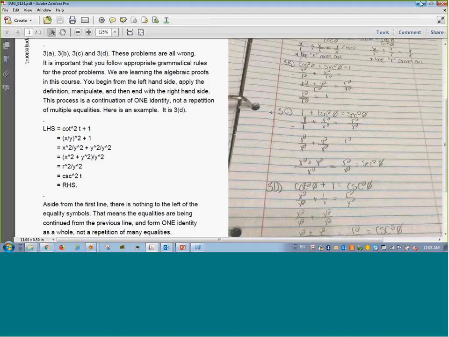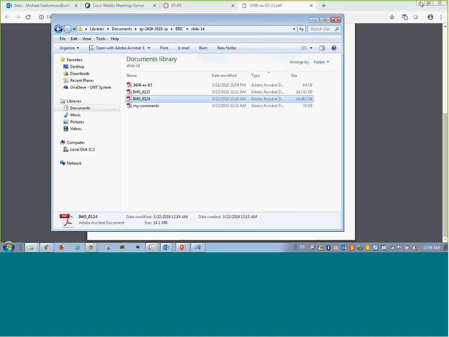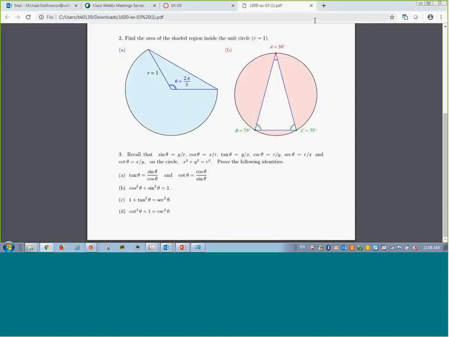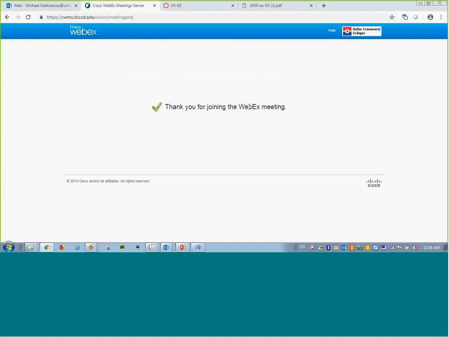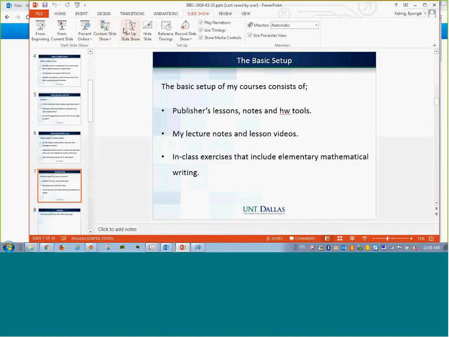And that actually enhanced the students' ability, especially in writing. So that's the basic structure. And let's go back to the slideshow.